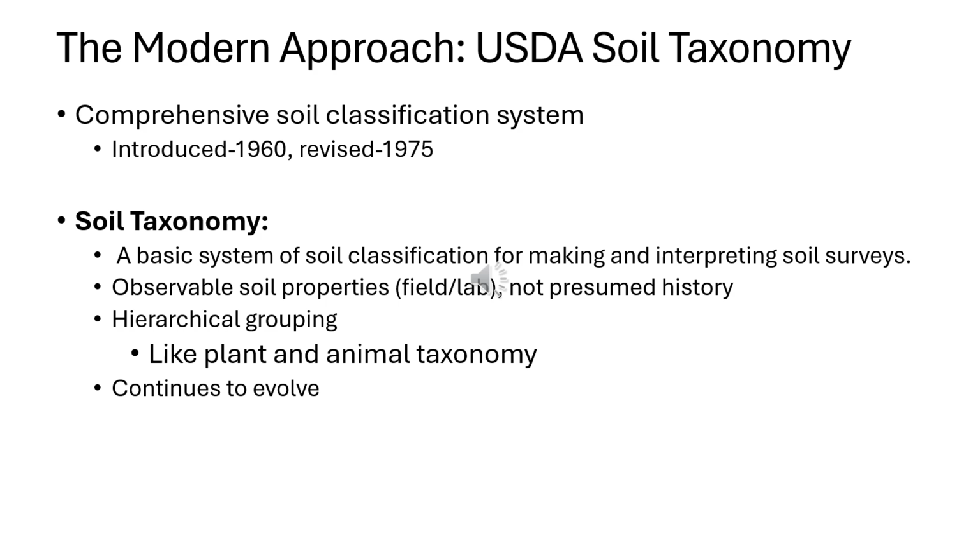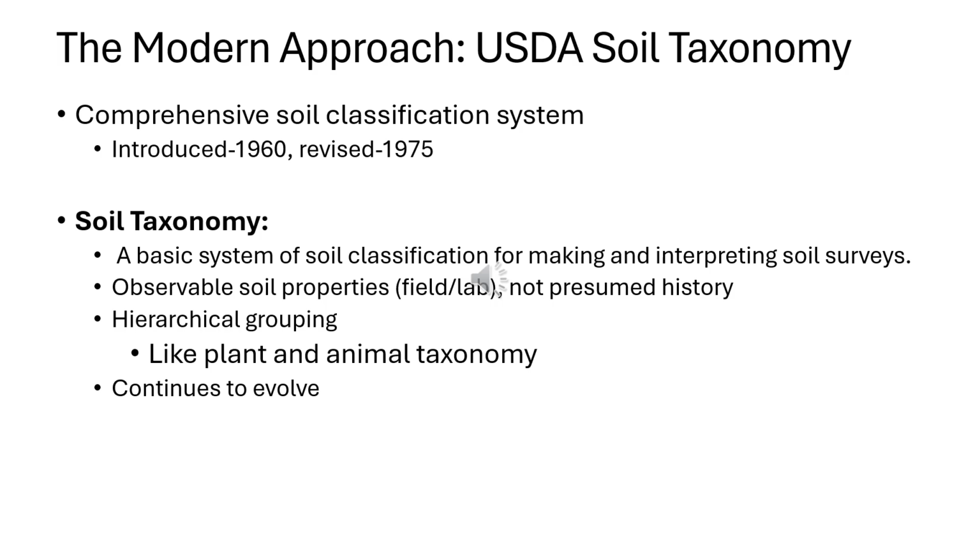What sets the soil taxonomy apart from earlier systems is its focus. Instead of presuming a soil's history, it classifies soils based on their observable properties, things we can see and measure in the field or in the lab. Think of it like the way plants and animals are grouped into a hierarchical system, moving from broad categories to very specific ones, like species.